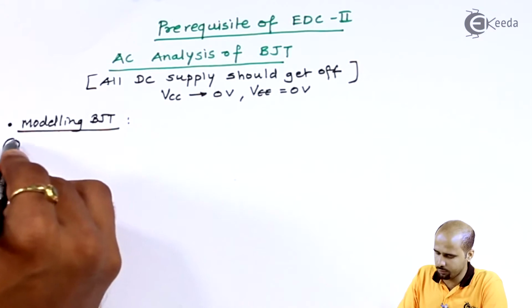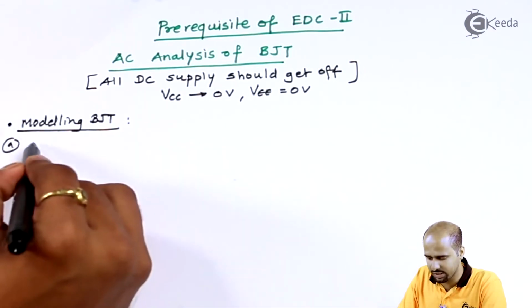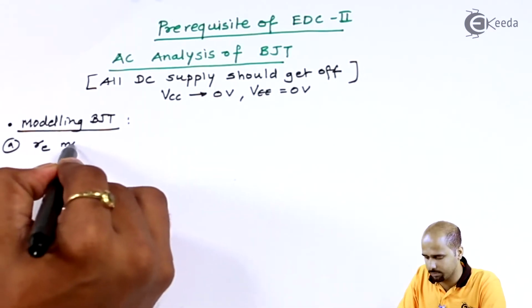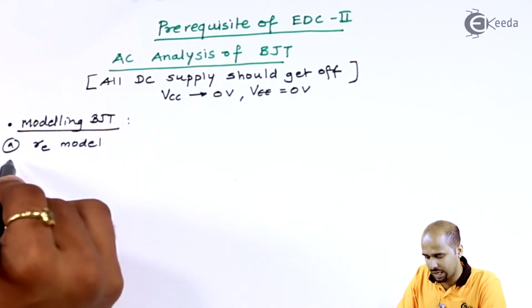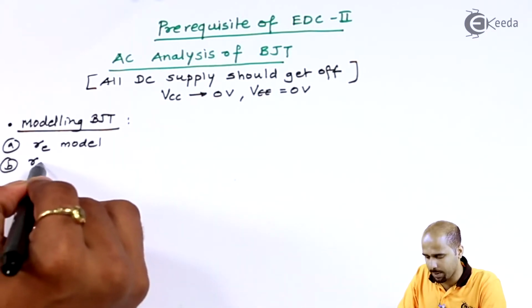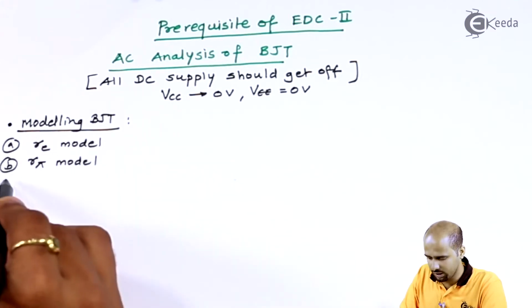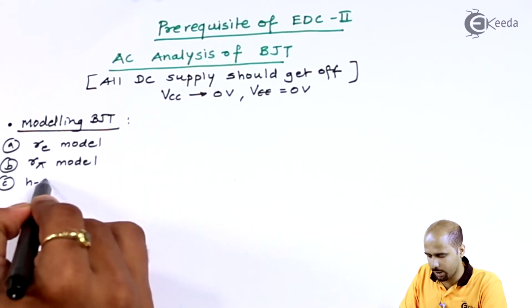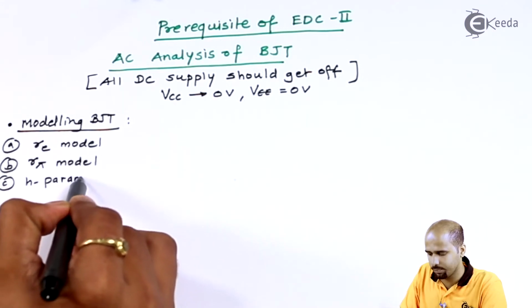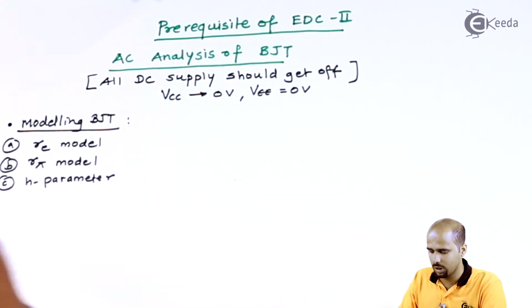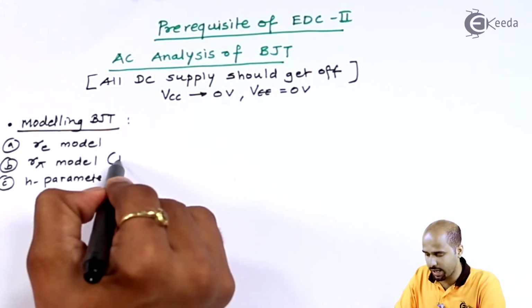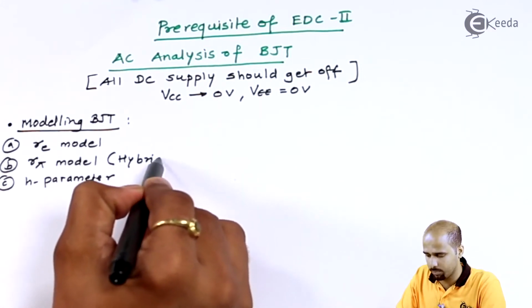These models are of 3 types. One is the RE model. Another is the RPi model. And another is called the H parameter model. The RPi model is also called the hybrid pi model.